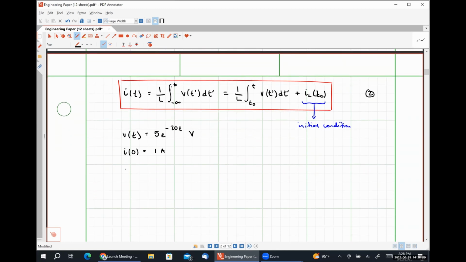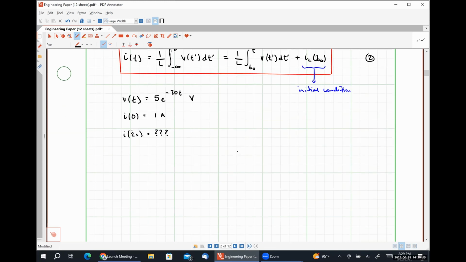And our goal is to find the amount of current flowing through our inductor at 2 seconds. Let me just draw a simplistic circuit here so we can figure out exactly what's going on. So here's v(t).